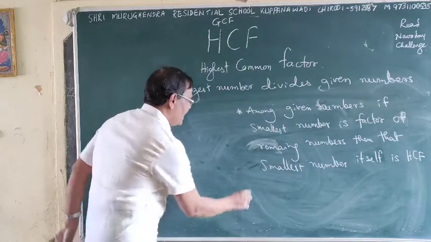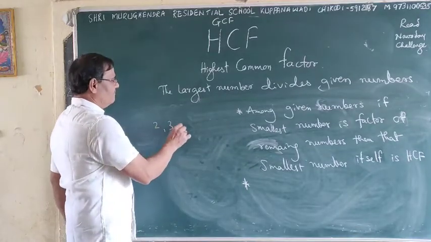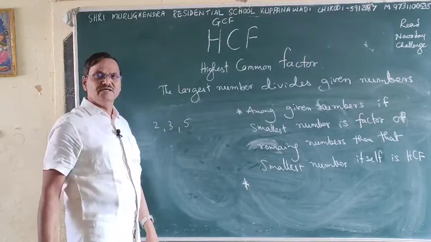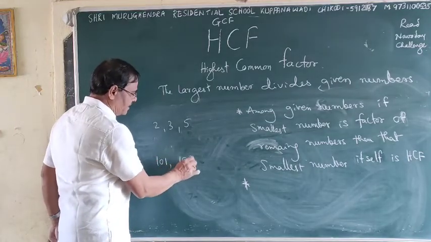Okay. And the second rule is, say, 2, 3, 5. What is HCF? 101, 103.